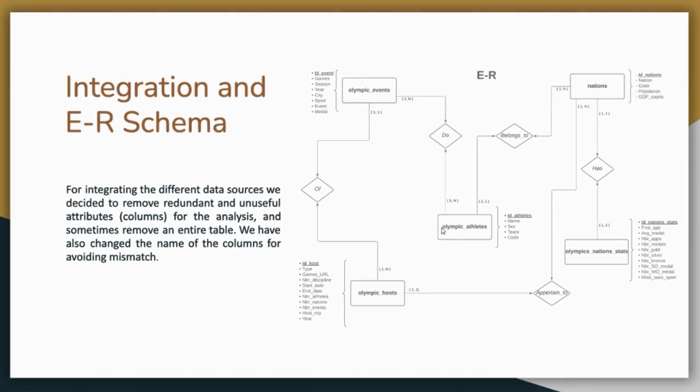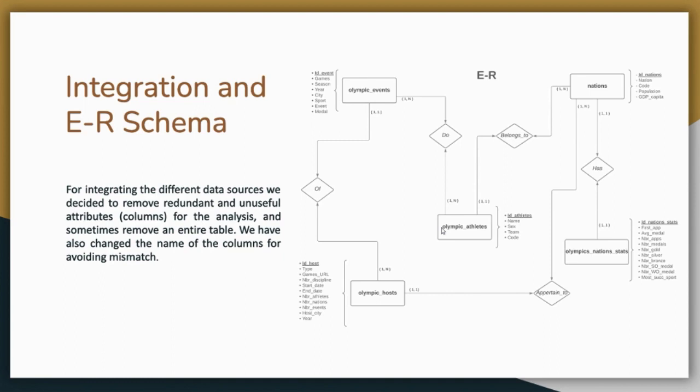For integrating the different data sources, we have decided, in fact, to remove, for example, redundant and useless attributes or columns of the tables, and sometimes remove also an entire table. And sometimes we have also changed the names of columns for avoiding mismatching problems.